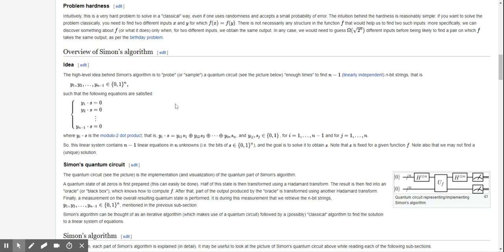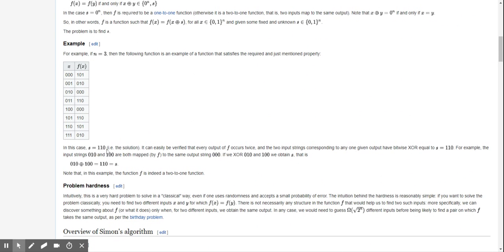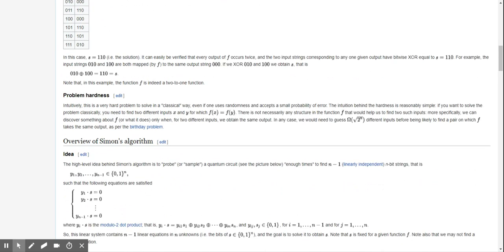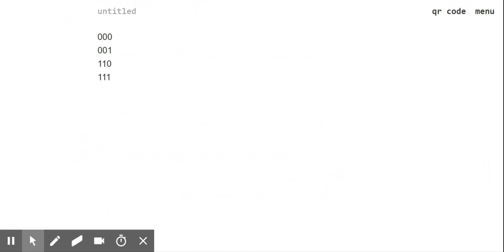And so if you remember, we use this example where s is 110. So let's just double check. We know that s is 110.